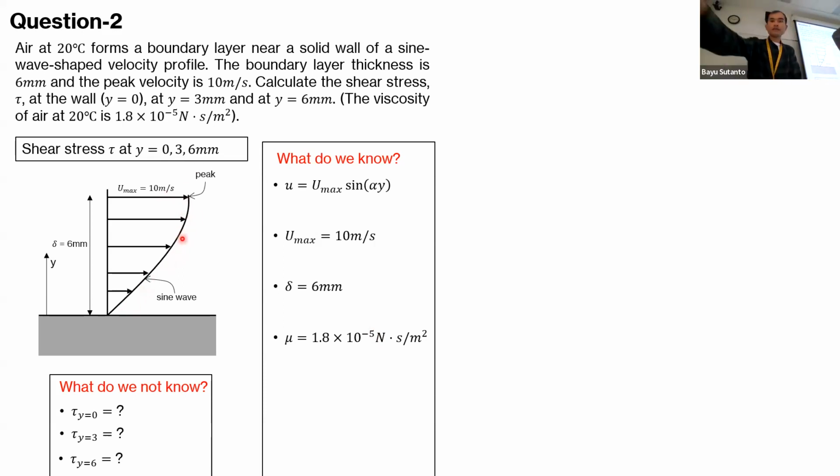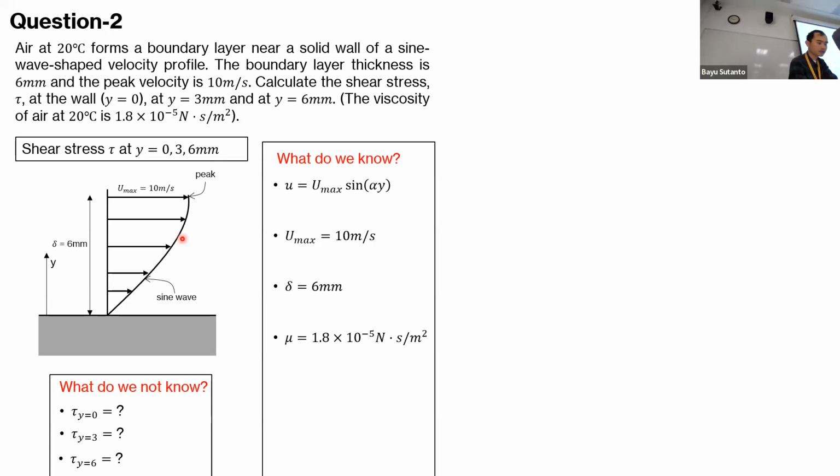For the sine wave, I think we are already familiar, if you still remember, this is the sine wave. We have 0 and 2 pi. So this is pi, and this is pi.